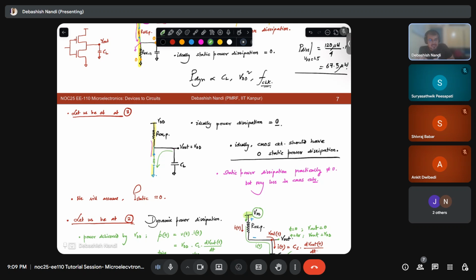As soon as this discharges, the VDD voltage will drop and current will start to flow in this path, so current is getting sucked out of your battery. Essentially, if there is no direct path between the high rail and low rail, there will be no static power dissipation. That is the main objective of CMOS circuits.